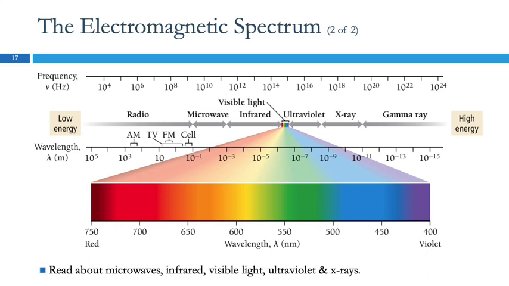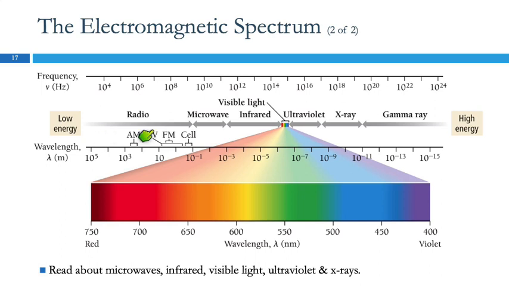Okay, so this is the figure from the textbook, the electromagnetic spectrum. So at the top we have a line showing the frequencies in hertz, and here we have a line showing the corresponding wavelengths. You'll notice as the frequency gets bigger, the wavelengths get smaller, because that's that inverse relationship.